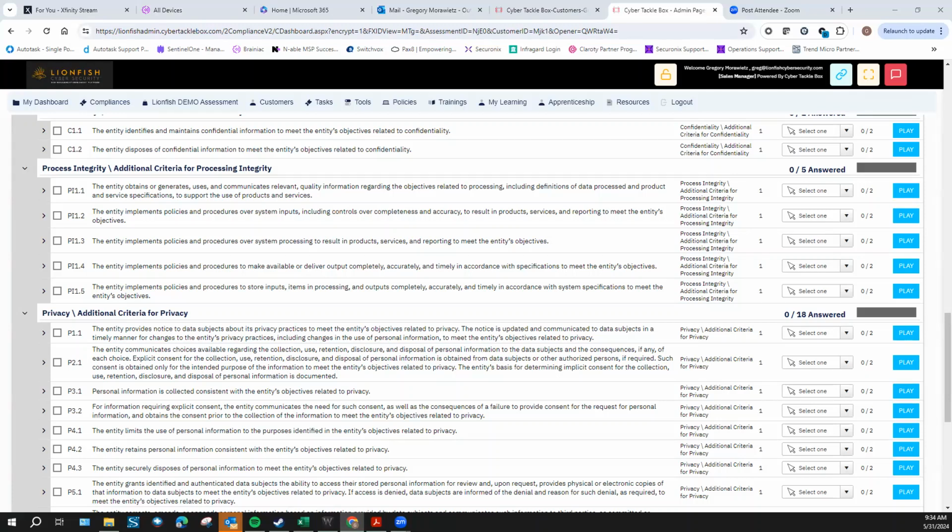But those are some difficult controls to meet because you have to understand what you're delivering as a service, or what you're delivering as a product, or what you're selling on your site. And you have to make sure that your policies and procedures support the accurate delivery of those things in a timely manner, and that they're always correct.